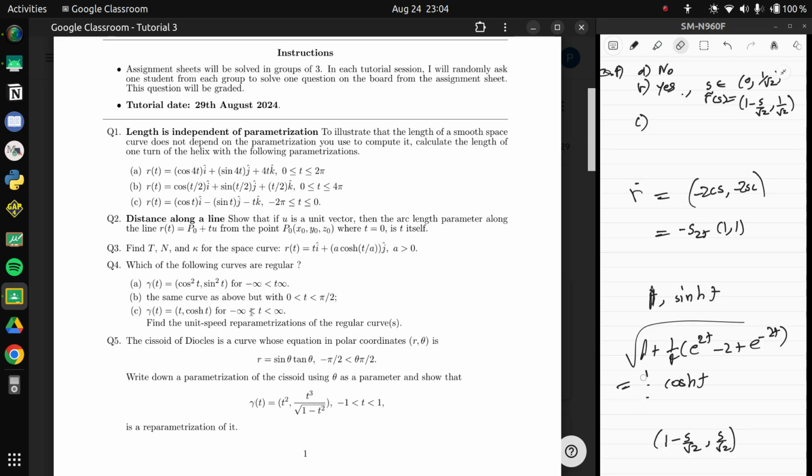And cosh of t is never 0, which means it's actually regular, right? So this is actually the magnitude of the velocity, in fact, what we just figured out. Yep. So your arc length is just the integration of cosh of t dt.